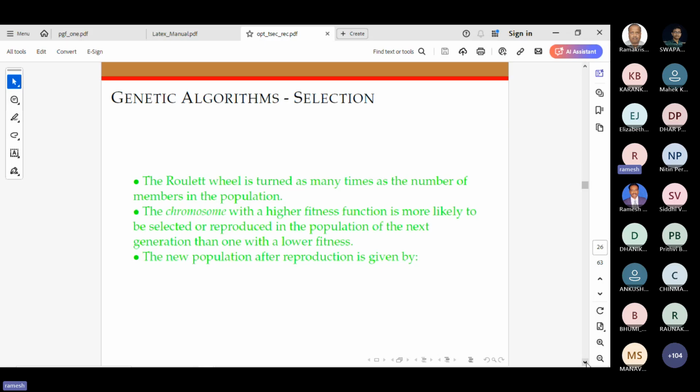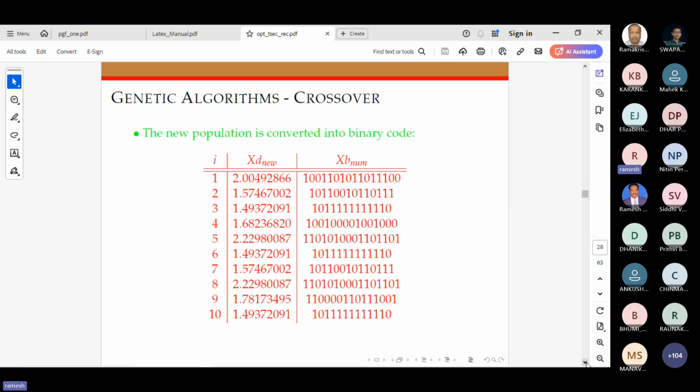So each of these numbers will get converted into an equivalent binary representation. This value is represented by this, which is now known as the gene. In this case, there's only one design variable, so each population member will have only this single gene, which also forms the complete chromosome.